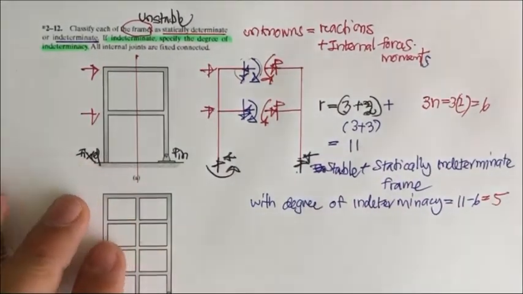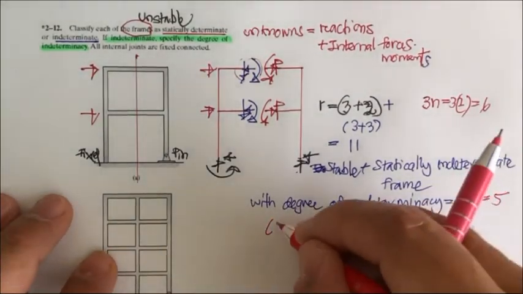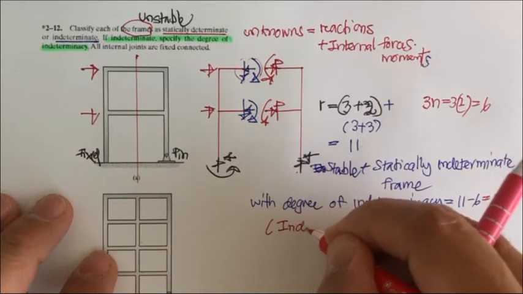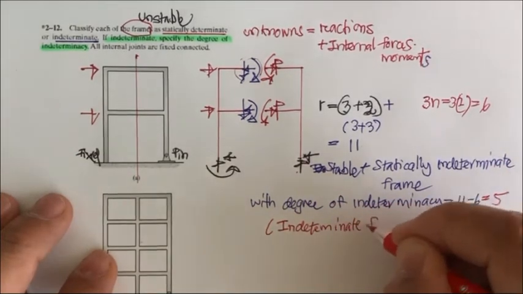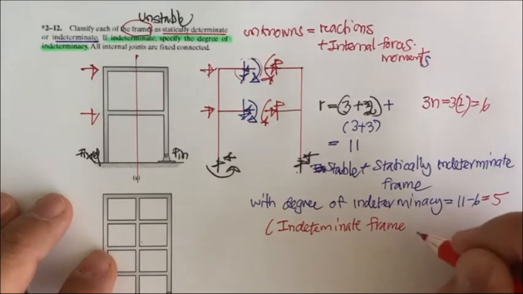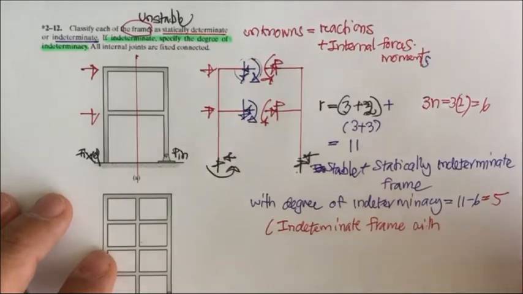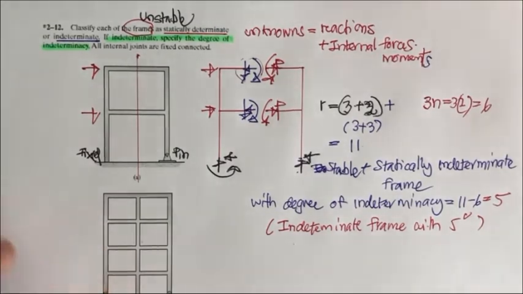And if you'd like to make it short, this is going to be an indeterminate frame with 5 degrees of indeterminacy. You may write it like this if you like.